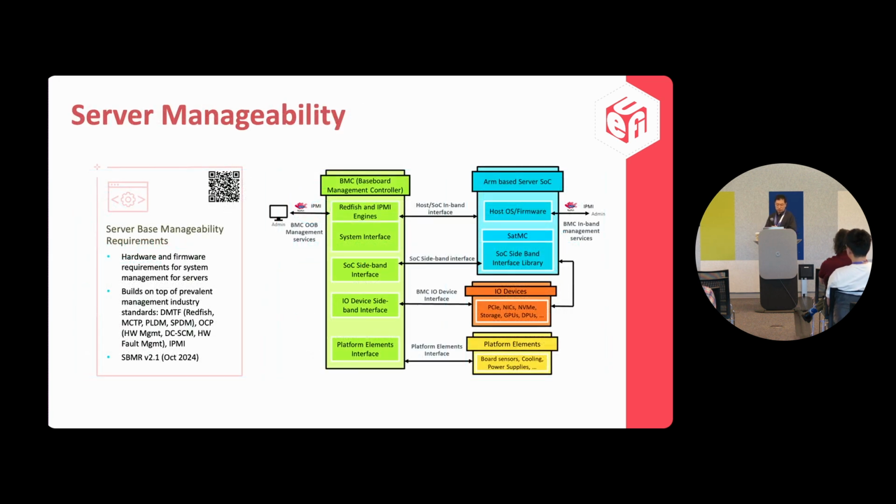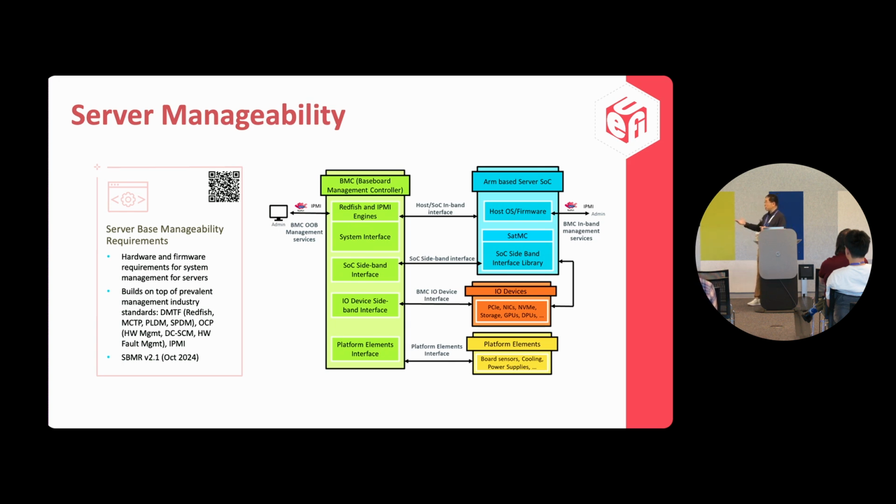Server manageability, I talked about. It's a separate spec, so you can also use the QR code to find it. I think it fits into this conference because during this week, mostly because of OSFC, both the system firmware side and the BMC side of the stories are being told, right?